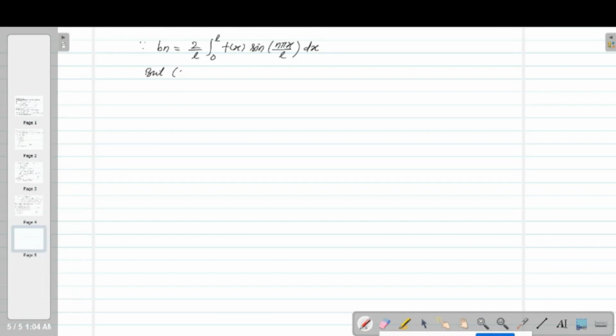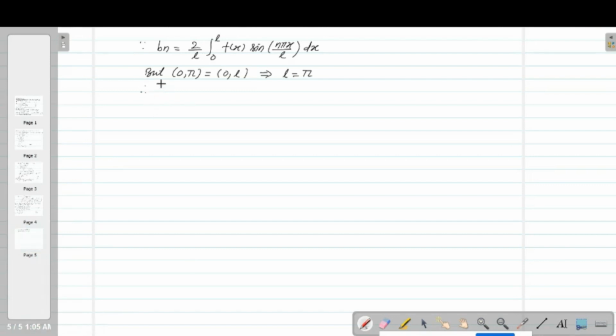Our interval is given as 0 to pi, and comparing this with the interval 0 to L, we get L is pi.